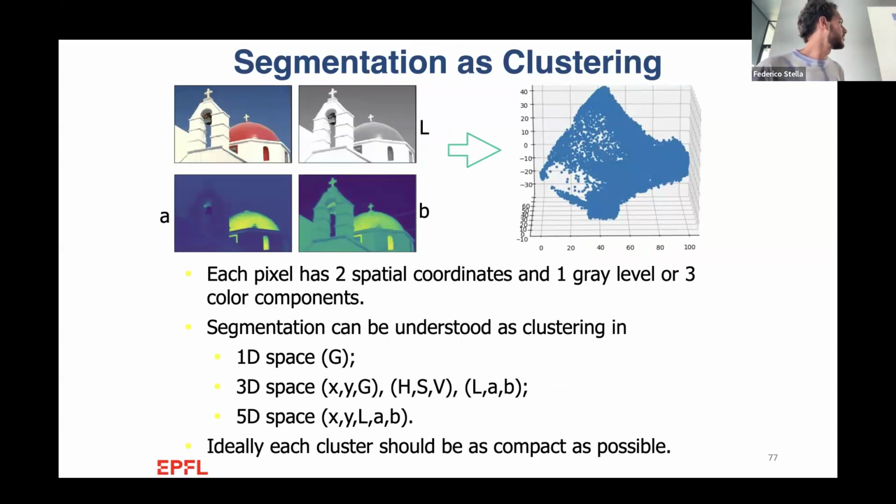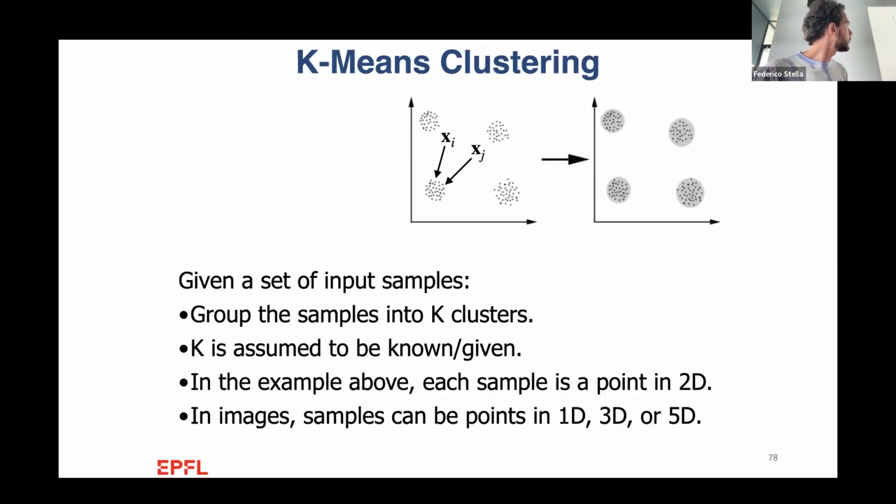So k-means is a machine learning algorithm for clustering. So you can show this. Let's say you are in a 2D setting. You have points in 2D space, and you see quite clearly with your eyes that these are divided in 4 different parts, let's say 4 different clusters. And is there a way for an algorithm to find these clusters? k-means is an algorithm that tries to find clusters.